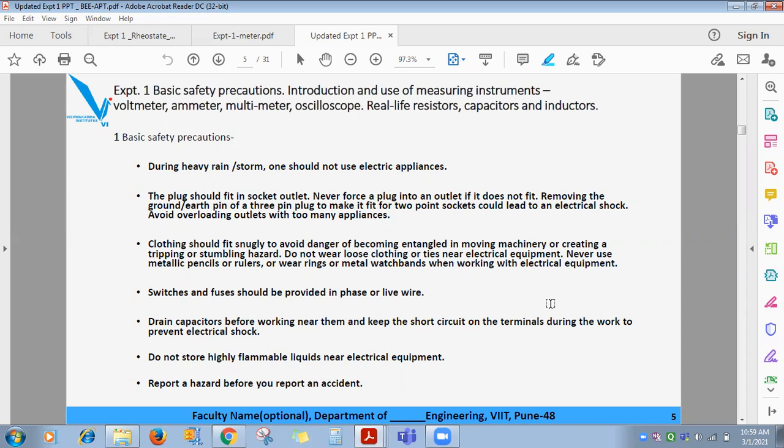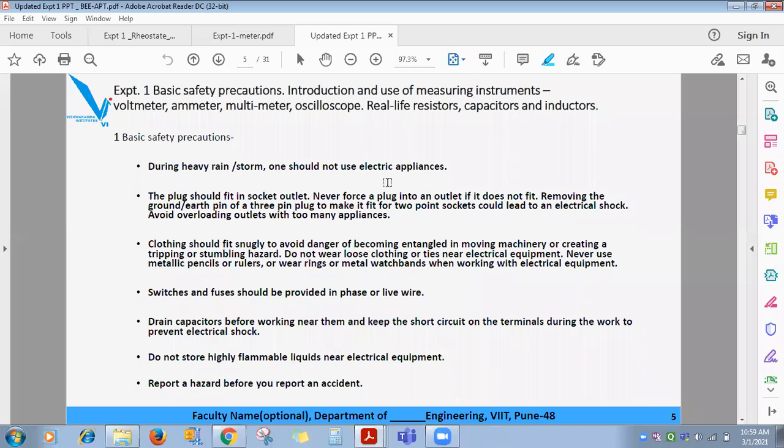So what can you do for that? Yes, anyone can tell? Take one lamp. Every lamp has two terminals. One wire of that lamp, you connect to phase, the other to earthing. Switch on the switch beside that socket. If the lamp glows, what does it mean?